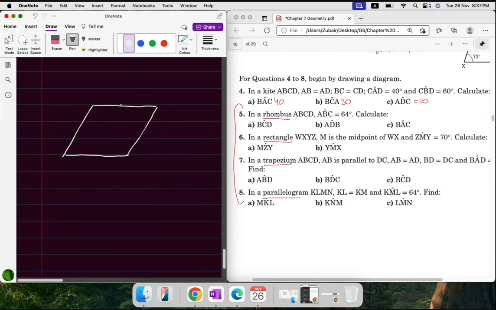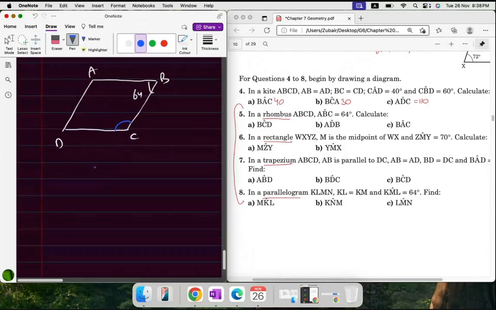This is a 64 acute angle. And it says calculate BCD. BCD is unknown. What is the value of BCD? By the way, the property of a rhombus is that all four sides are equal in length and opposite pairs are parallel to each other. If that may help, what is angle BCD?